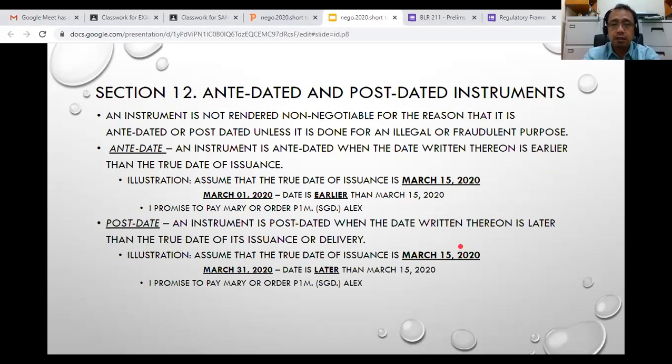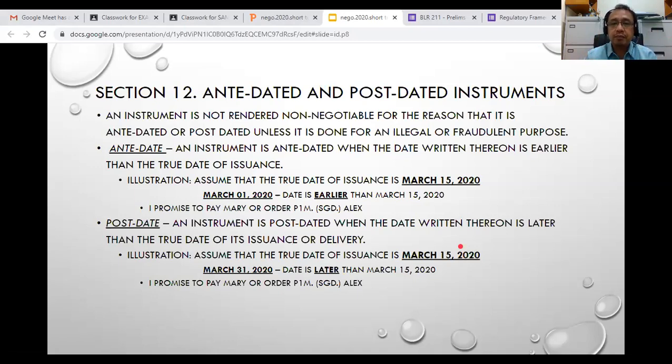Take note, in antedating or postdating, do not consider the maturity date of the instrument. Rather, it is the date of the instrument which is to be considered.